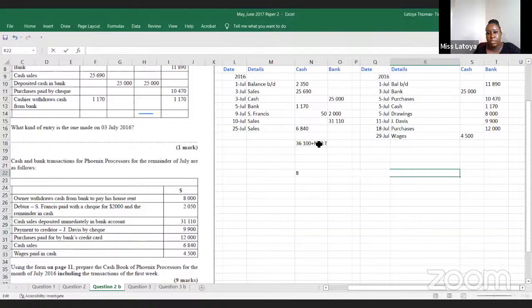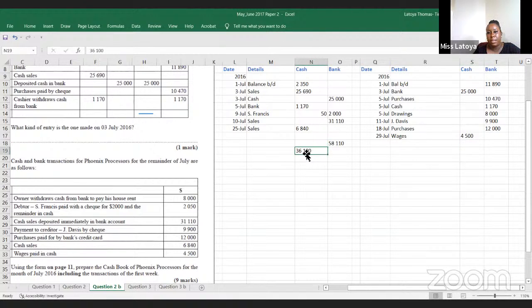Sorry about that. Let me write this back. So again, the total for here was 36,100. On the cash, the total here was 58,110.